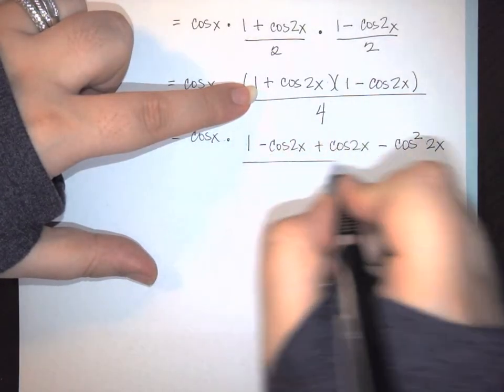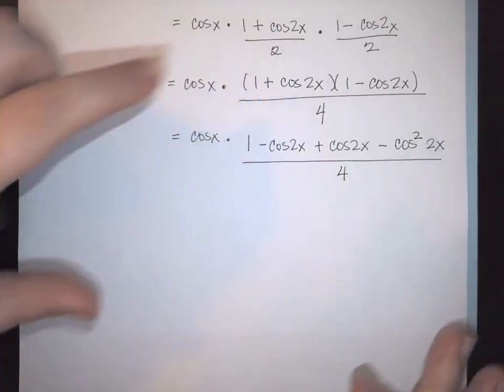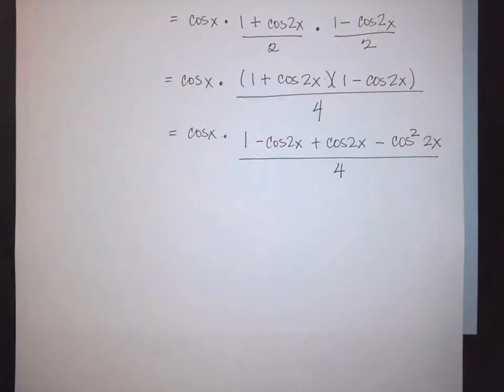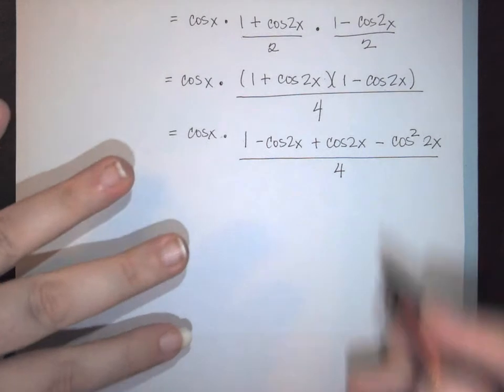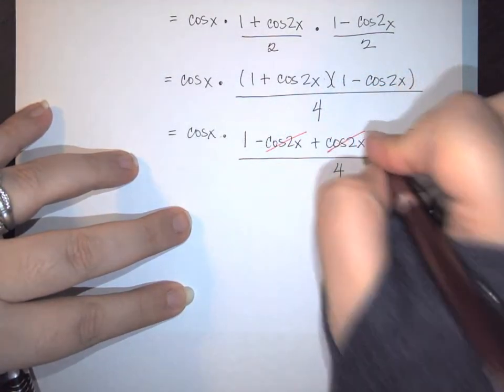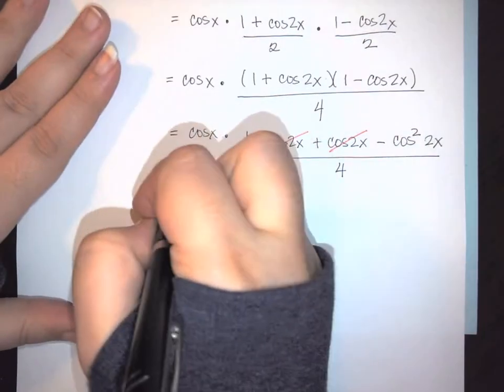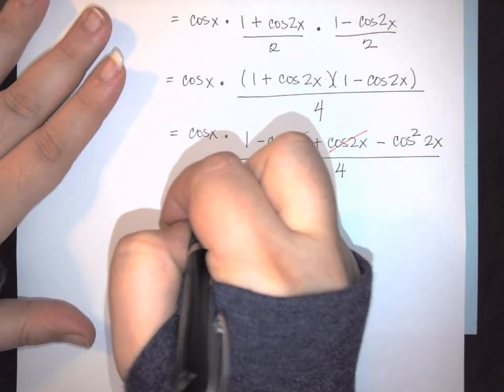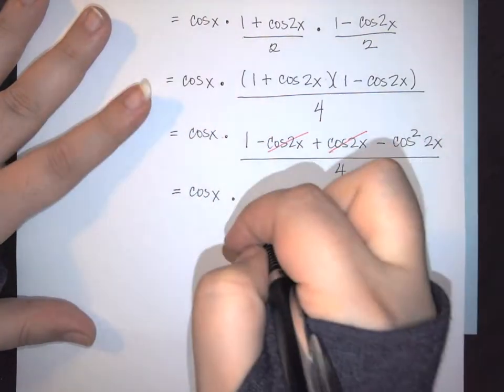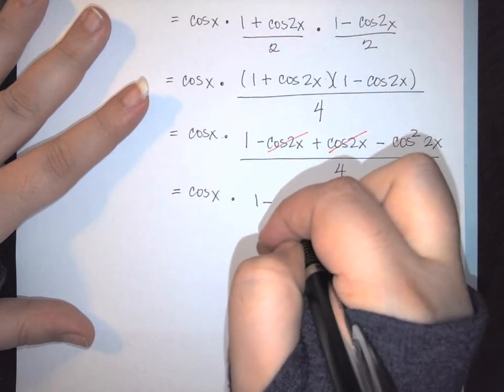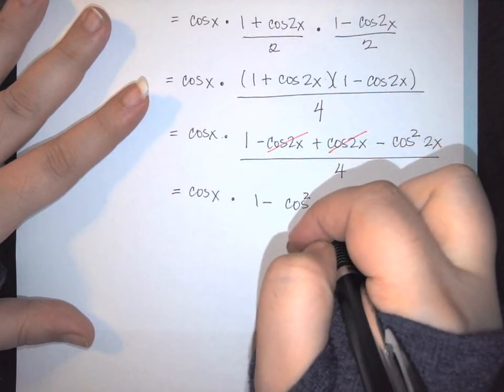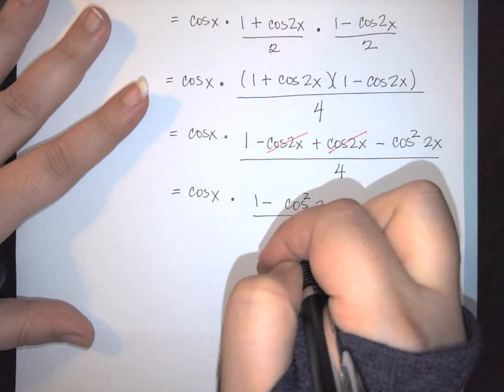And this whole thing is over 4. So one of the things that you can notice is that my cosine of 2x here is going to cancel. So this is going to leave us with the cosine of x times 1 minus the cosine squared of 2x, and the whole thing is over 4.